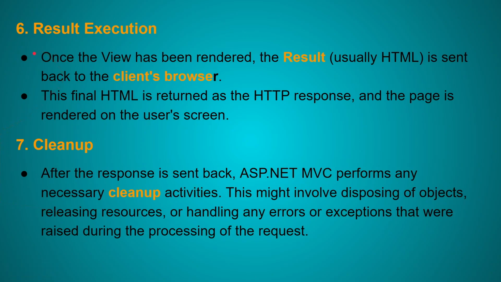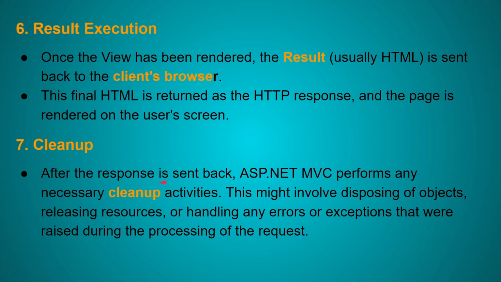And the sixth step is result execution. Once the view has been rendered, the result, usually HTML, is sent back to the client's browser. This final HTML is returned as an HTTP response and the page is rendered on the user screen. And the seventh point is cleanup.